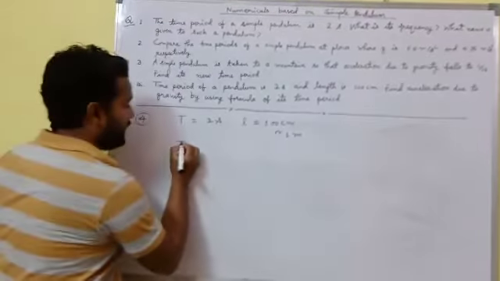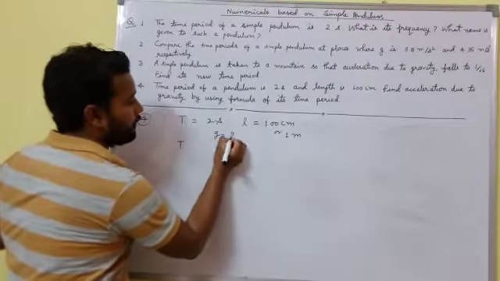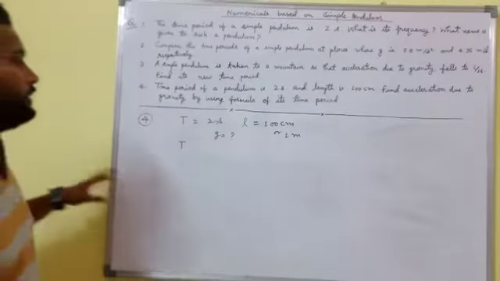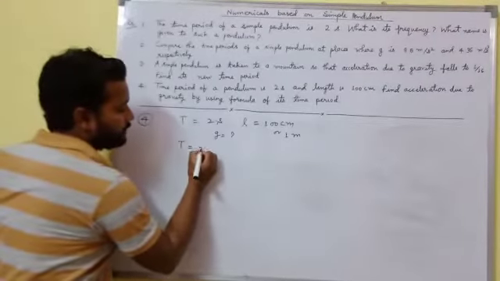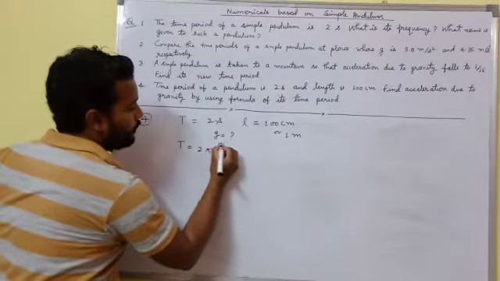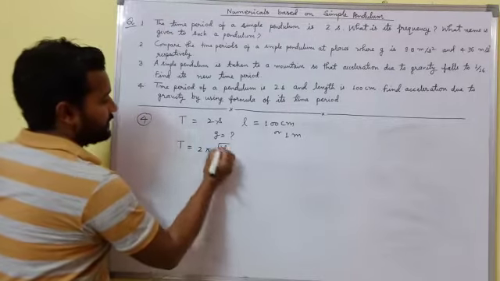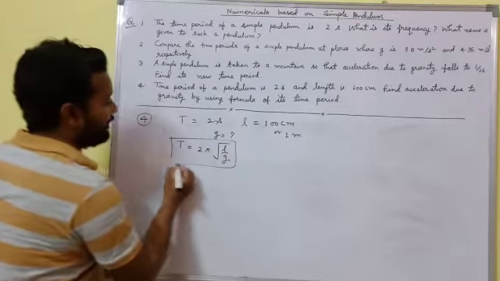So write down: we have to find the value of g. Write down the formula T equals 2 pi root L by g. This is the expression for time period.